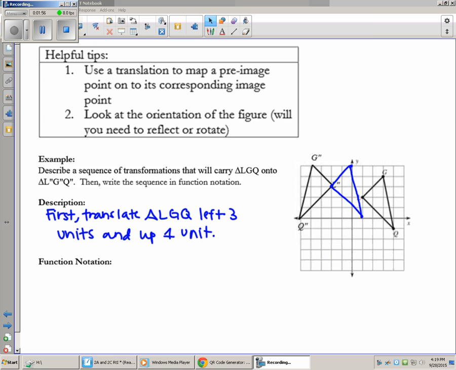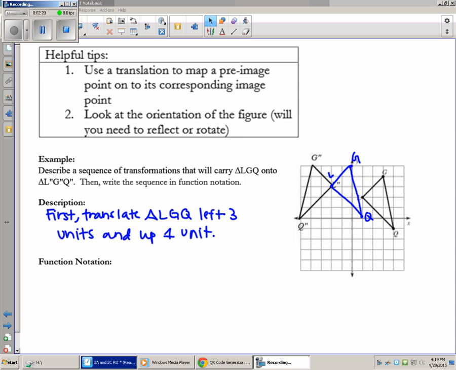So now the second tip says to look at the orientation of our two figures. If you notice, the pre-image, if I go clockwise, is LGQ. However, if I look at the image, starting at L double prime, it's now LQG.